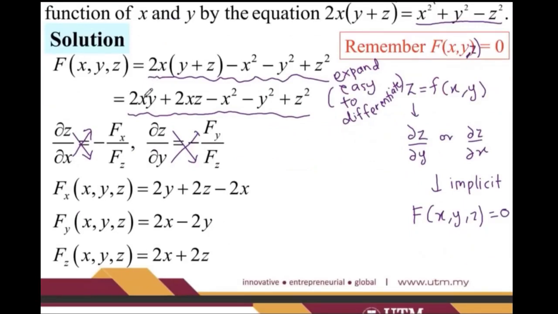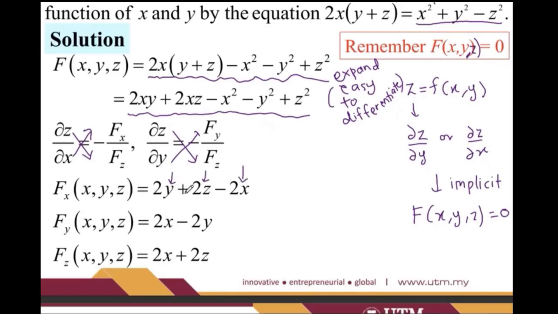Differentiate 2xy with respect to x, we get 2y. Then differentiate 2xz with respect to x, we get 2z. Differentiate negative x squared, we get negative 2x. And then negative y squared, we get 0. Differentiate z squared, we get 0. So you get Fx equal to 2y plus 2z minus 2x.